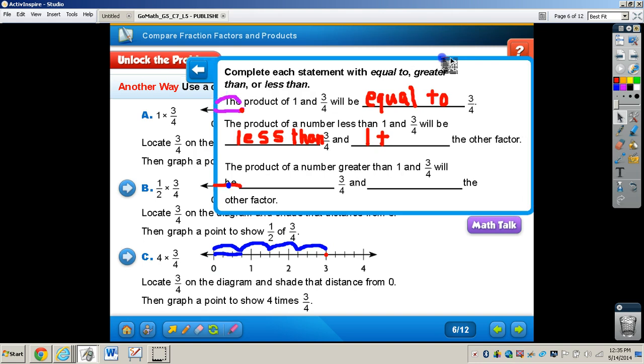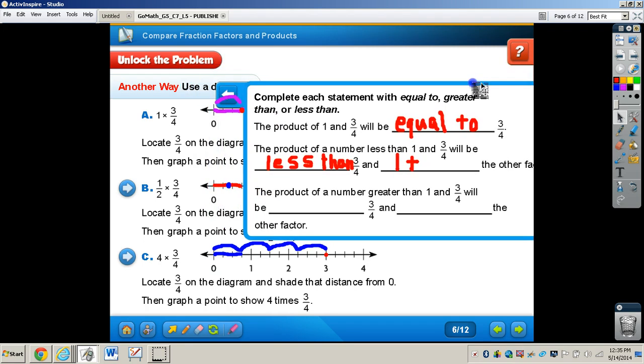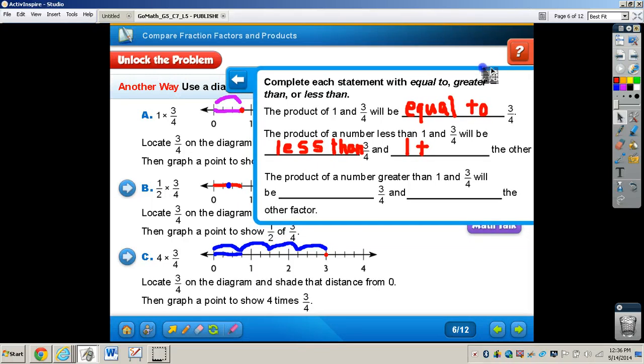Now let's take a look at the next question. The product of a number greater than 1 and 3/4. So what we can see for that, it's going to be greater than 3/4.